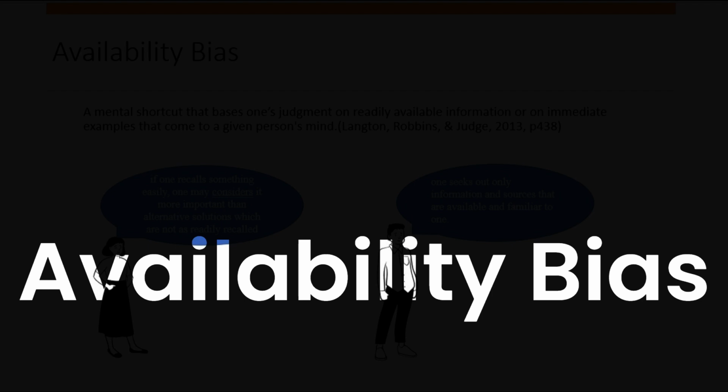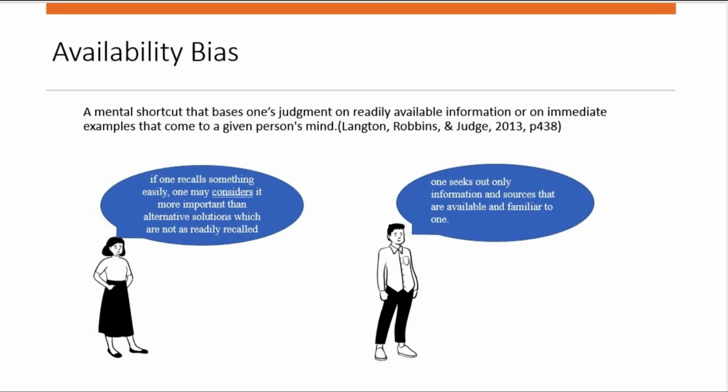So, availability bias is a mental shortcut that bases one's judgment on readily available information or on immediate examples that come to a given person's mind. One example of it would be that if someone recalls something more easily, the person may consider it more important than other alternatives that can help his problem or be useful in the decision.